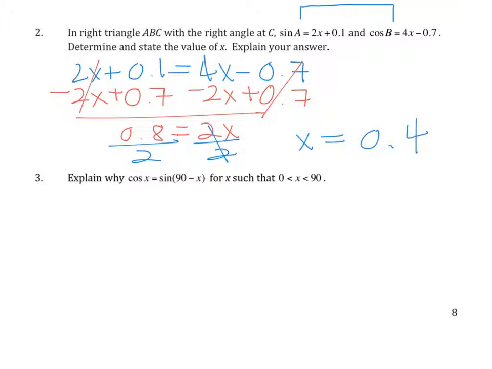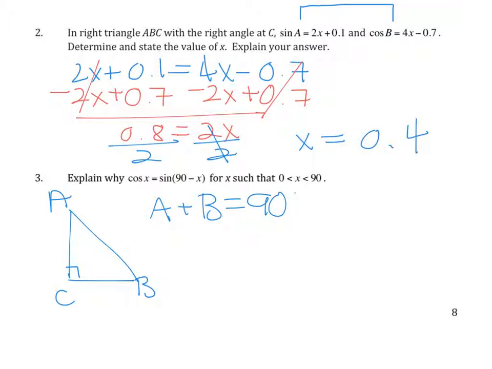So going back to triangle ABC with a right angle at C, we know that angle A plus angle B is equal to 90 degrees. So those are acute angles.